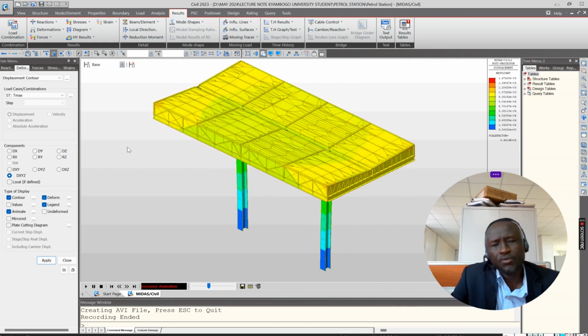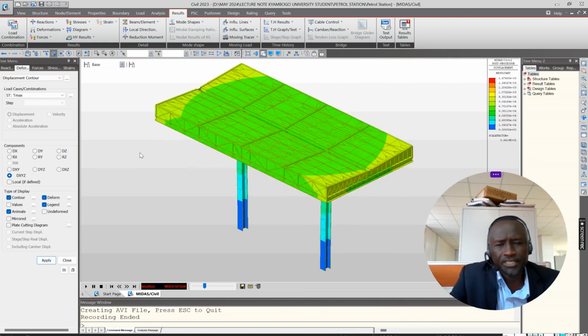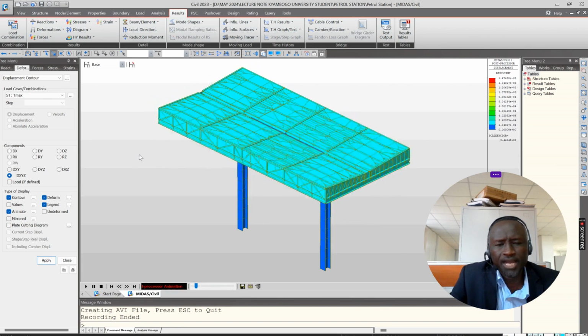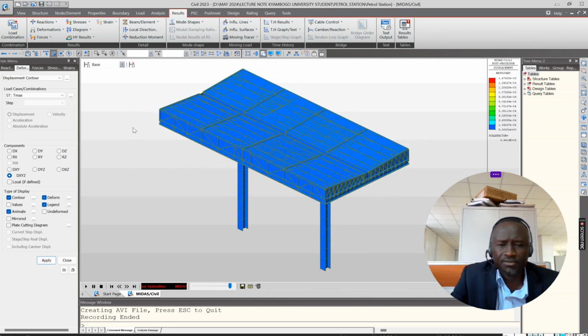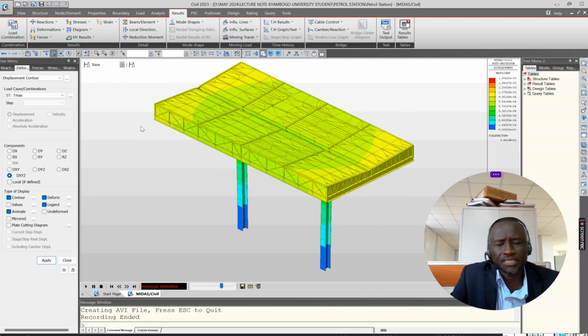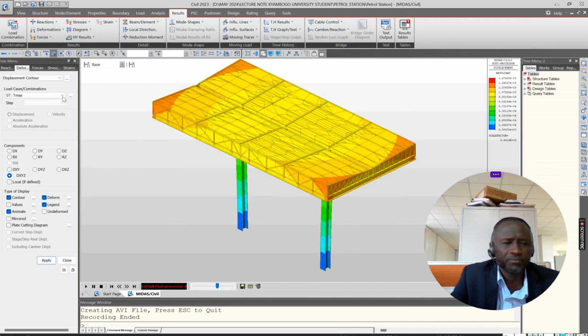Then this. Now what about if we combine dead load, self-weight, and wind? How do they perform? In a situation where we don't have any live load on it, how will the structure perform? Supposing temperature is also negligible.